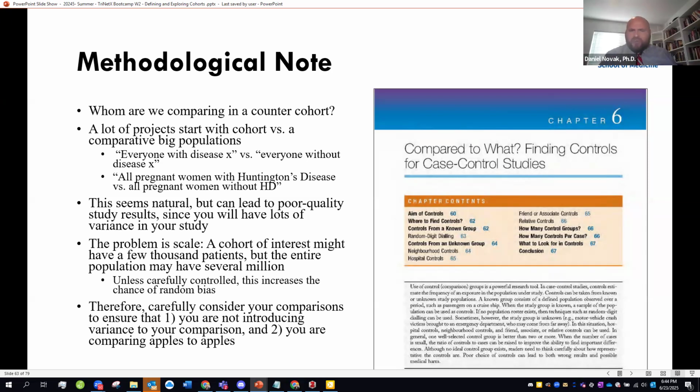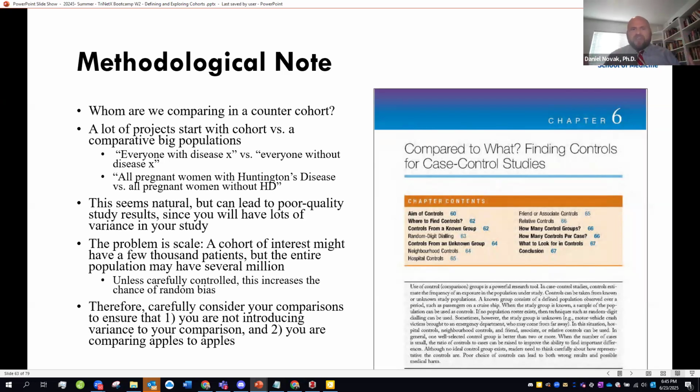Especially when you're working with big data, that can really introduce bias and all sorts of randomness that will actually make your study harder to conduct. And one thing I often remind people about is please make sure that you're not just trying to chase large numbers of people when you're developing your cohorts.